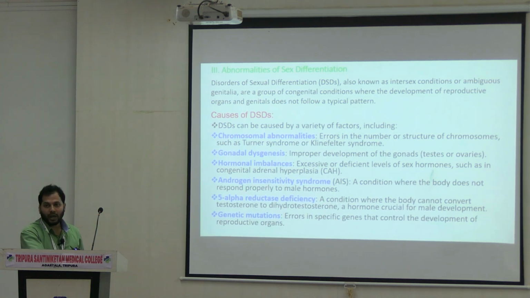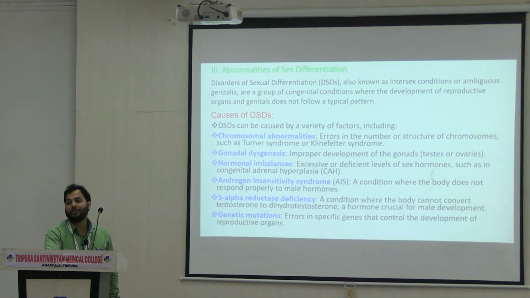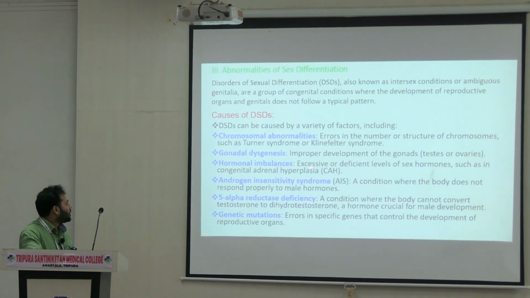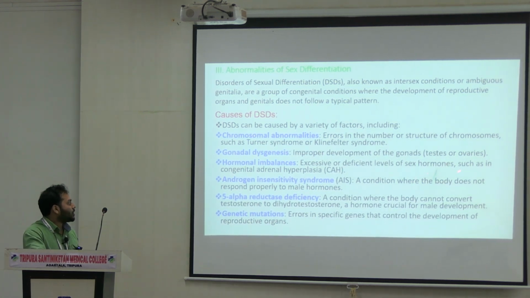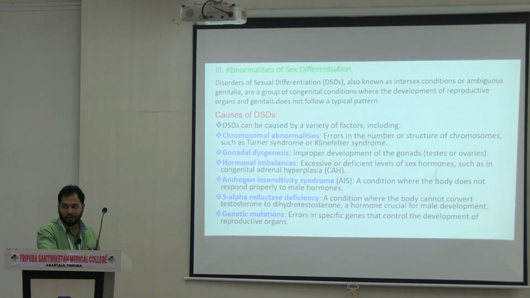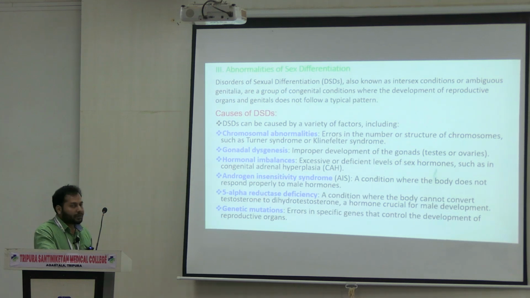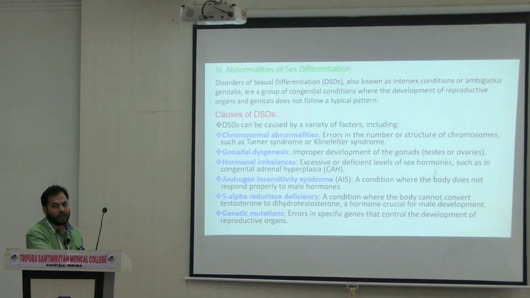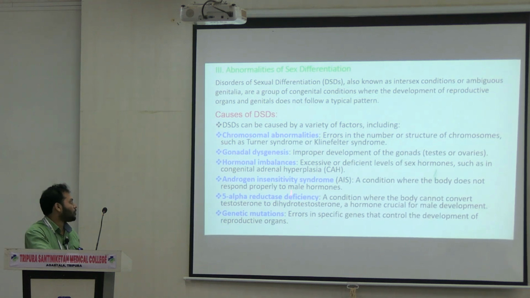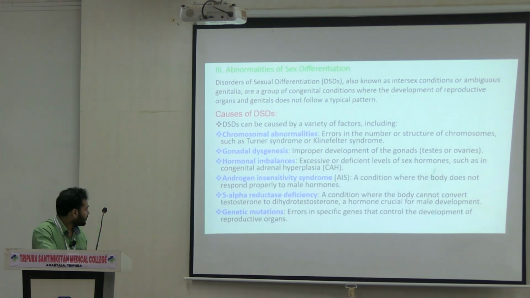Sometimes hormonal imbalance is also responsible for the development of some disorders during sexual differentiation. These are called excessive or deficient levels of sex hormones, such as is found in congenital adrenal hyperplasia. In some cases, we can see androgen insensitivity syndrome, a condition where the body does not respond properly to male hormones.